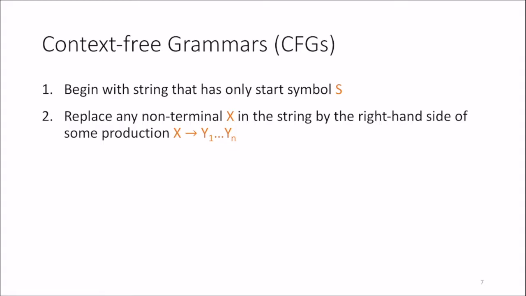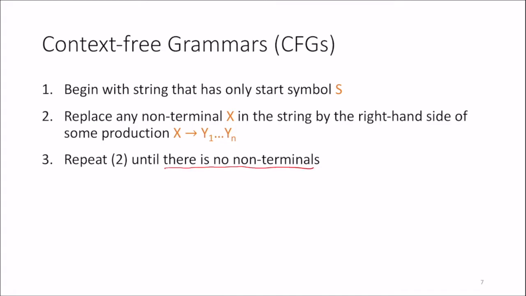So if I have any non-terminal X in this string, I can take that non-terminal X and replace it with the right-hand side of any rule that occurs in my context-free grammar. And I keep repeating this until there is not even a single non-terminal left. So I have to replace all the non-terminals eventually with just terminal symbols or input symbols.